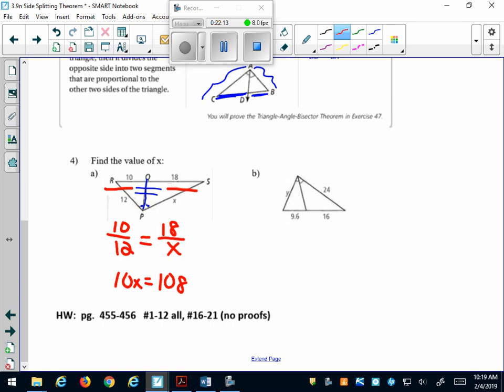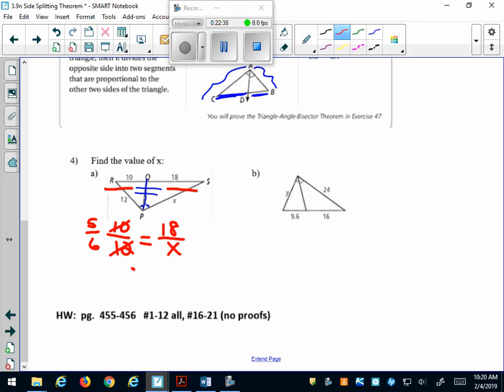No, it can't be 108. It can't. 216. I had already divided. The reason I got 108 is I simplified on my paper. I simplified 10 over 12. Remember, anytime you have a fraction, you can simplify it. So 10 over 12, I could make 5 over 6. So that's how I got my 108.